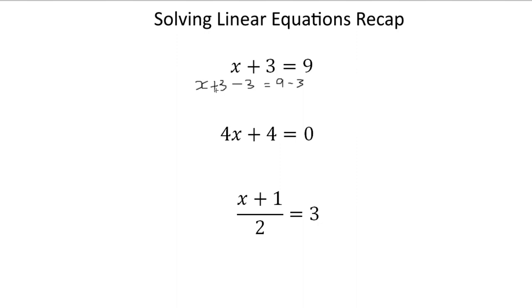And on the left side there, plus 3 minus 3 is equal to 0. That cancels out completely. So we're left with x equals 9 minus 3, which is 6. And just like that, x is equal to 6.